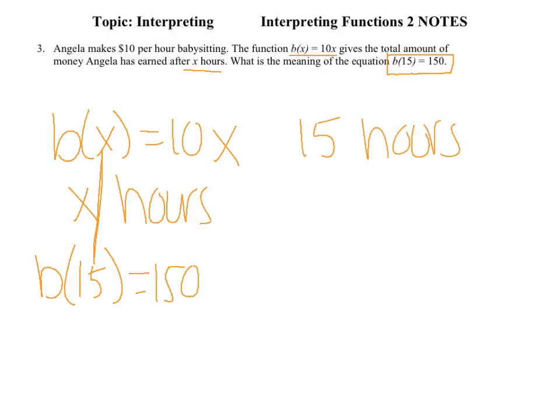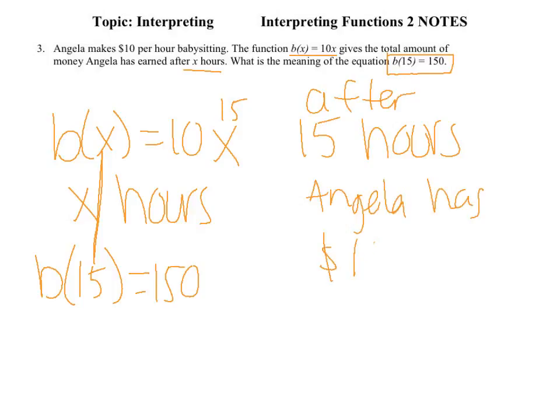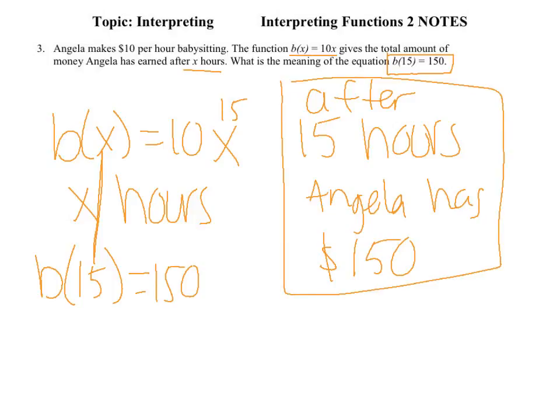And if I do the math, 15 times 10 is 150. So I'm going to say that after 15 hours of working, Angela has $150. This right here is the meaning of that equation.